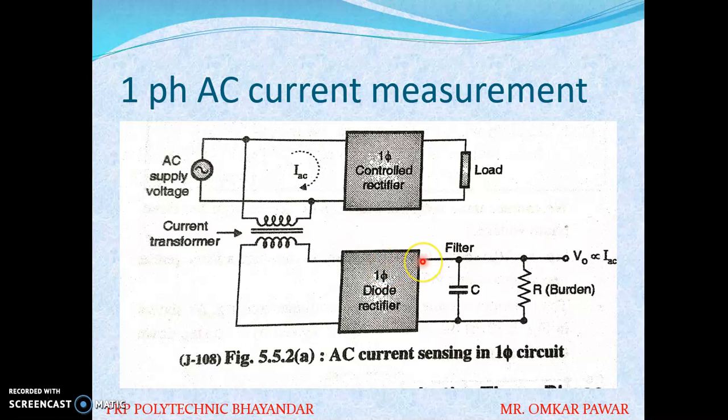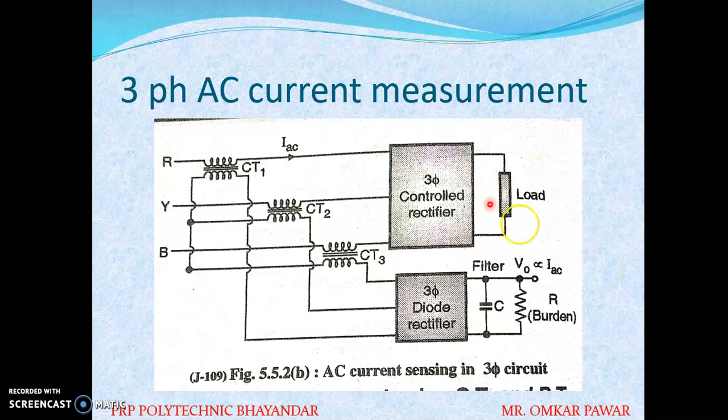In a similar way to the potential transformer, this voltage is converted into DC by using a single phase diode rectifier, and in order to remove the spikes or pulsating DC voltage, to get pure DC voltage, we use a filter circuit, and the voltage across this is directly proportional to the current in that circuit.